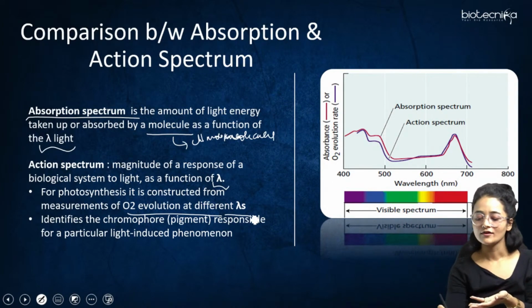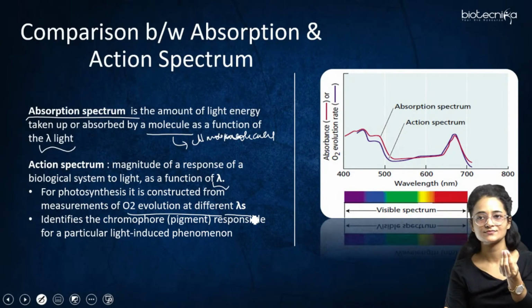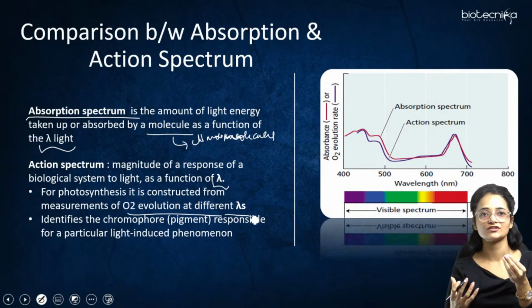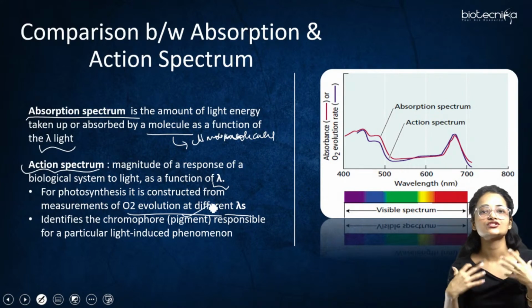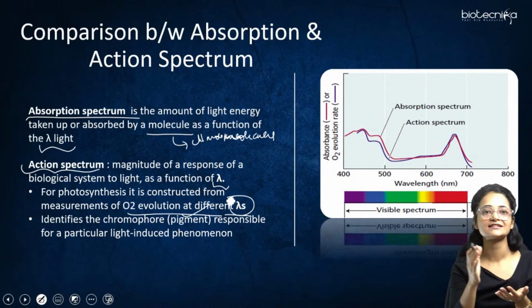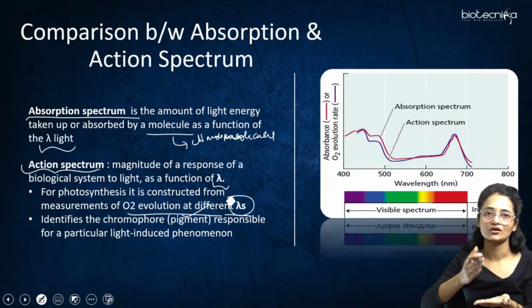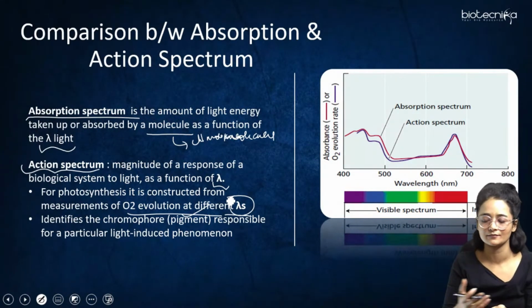Now, the oxygen evolution is the way in which the action spectrum is measured. Whatever amount of oxygen is evolved, measured in terms of wavelength, tells the action spectrum of the reaction which is taking place. It is the magnitude of response, that is, the rate at which photosynthesis is taking place.